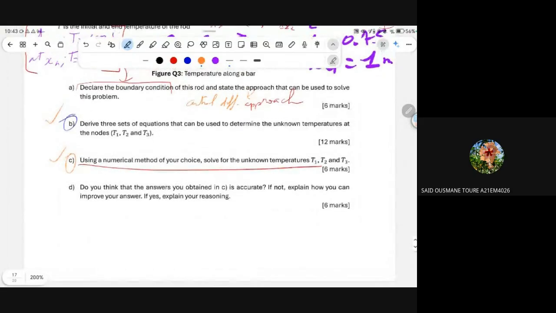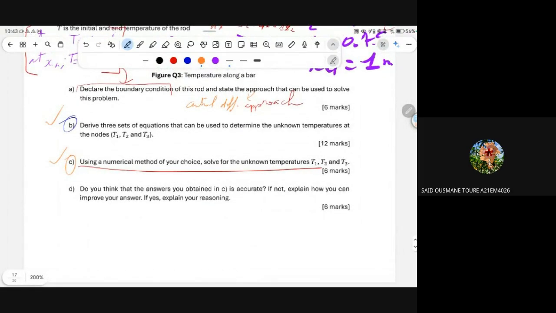Is our method accurate, or can we improve it? I think our method is accurate. Accurate. Okay, perfect. So yes, just like Muhammad Faris says also, it is accurate. And why exactly?